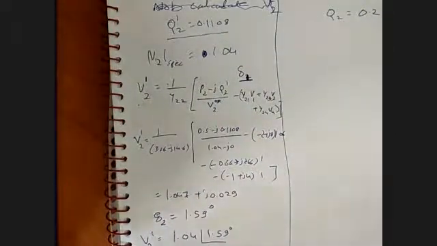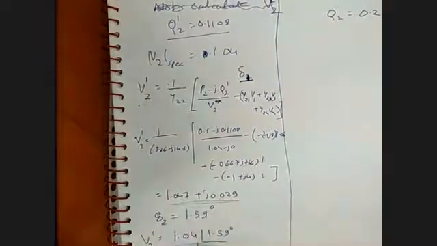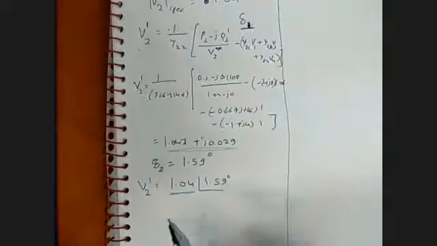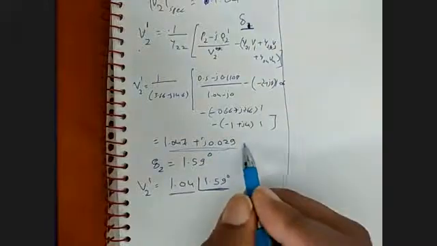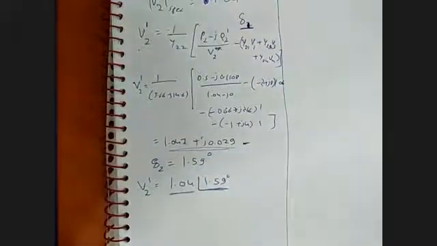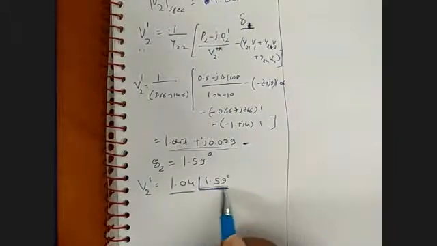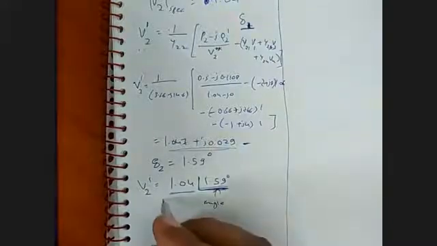So magnitude we will not consider for this. Magnitude will remain constant 1.04 and angle we have to select from what we have calculated. So from that calculated we will be selecting the angle and magnitude is constant.